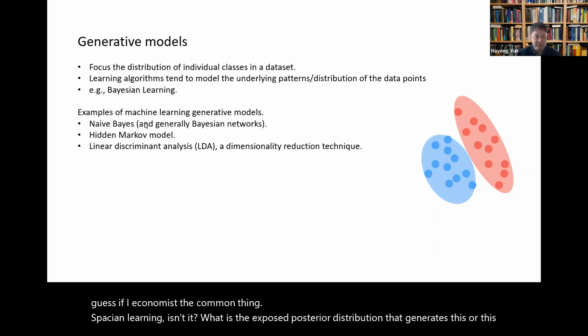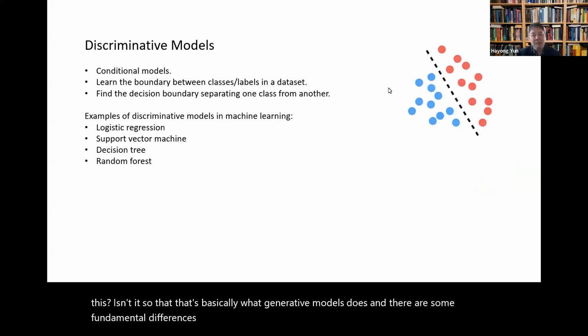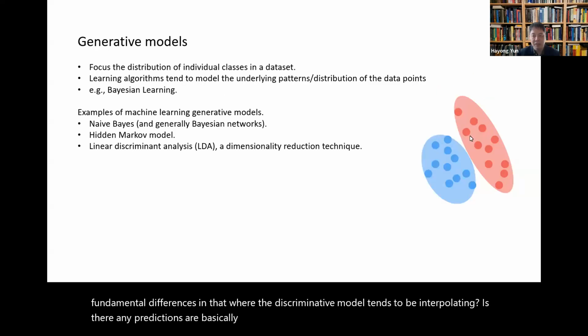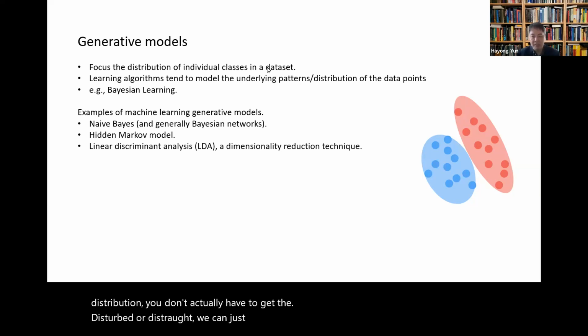That's basically what a generative model does. There are some fundamental differences. The discriminative model tends to be interpolating. Any prediction is basically on this line, and it's interpolative. Whereas once you get the distribution, you don't actually have to get this dot or this dot. You can just randomly pick anything from the distribution. So in that sense, it's generative.